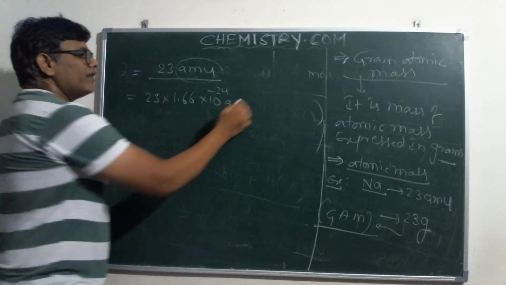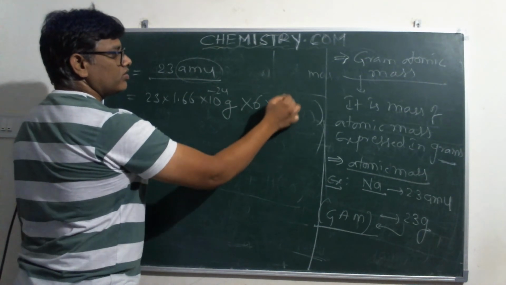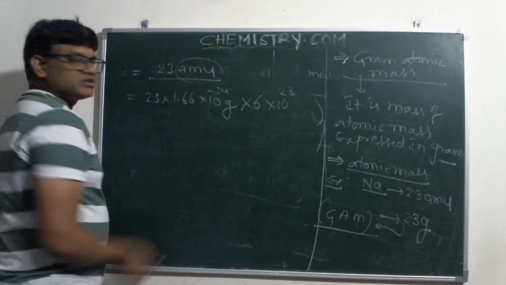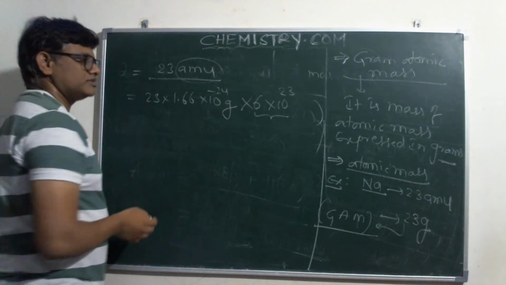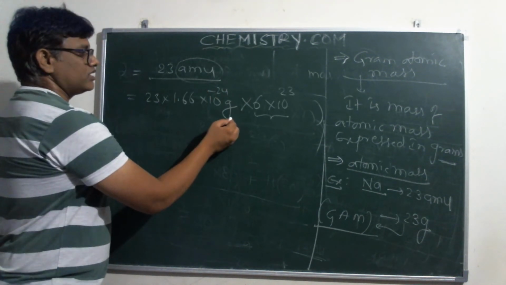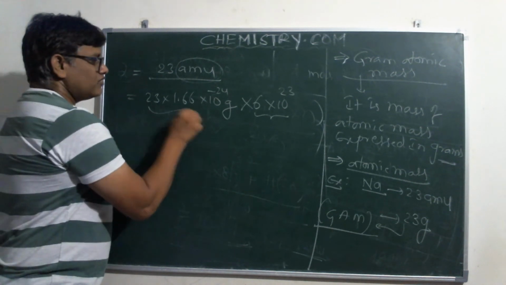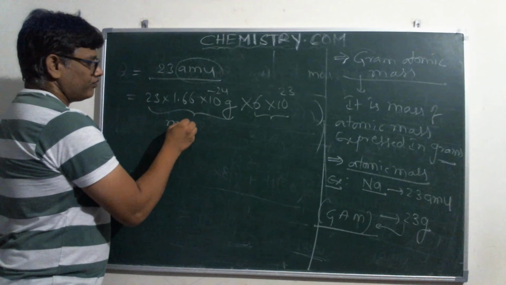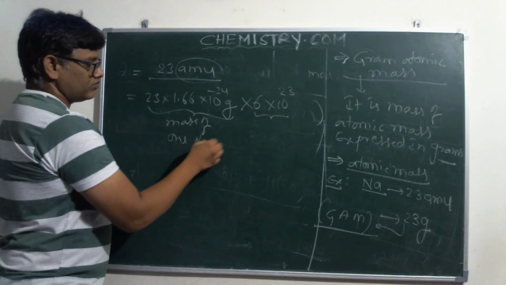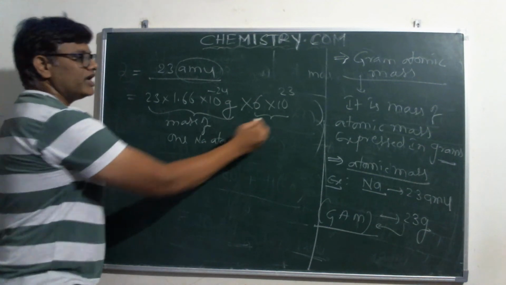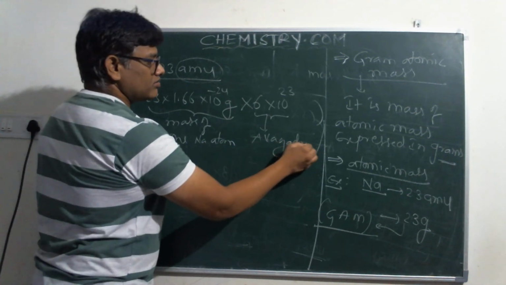Now multiply this by the Avogadro number, 6 into 10 power 23. So 6 into 10 power 23 sodium atoms: if you want to calculate the total mass, you have to multiply the mass of one sodium atom with Avogadro's number.